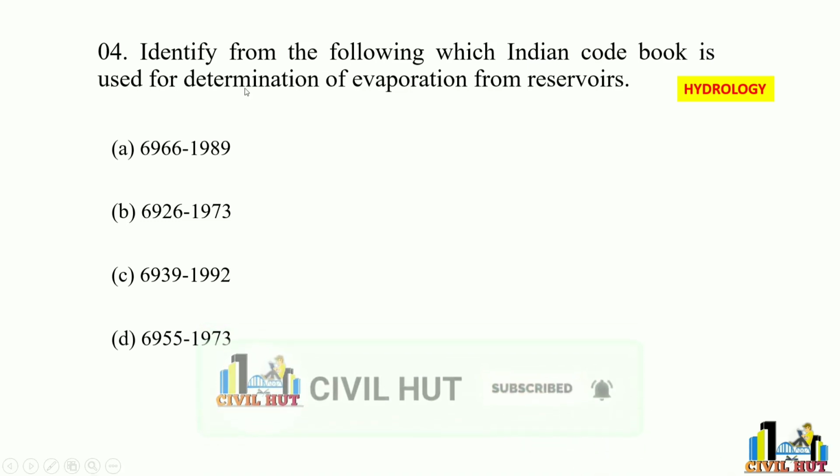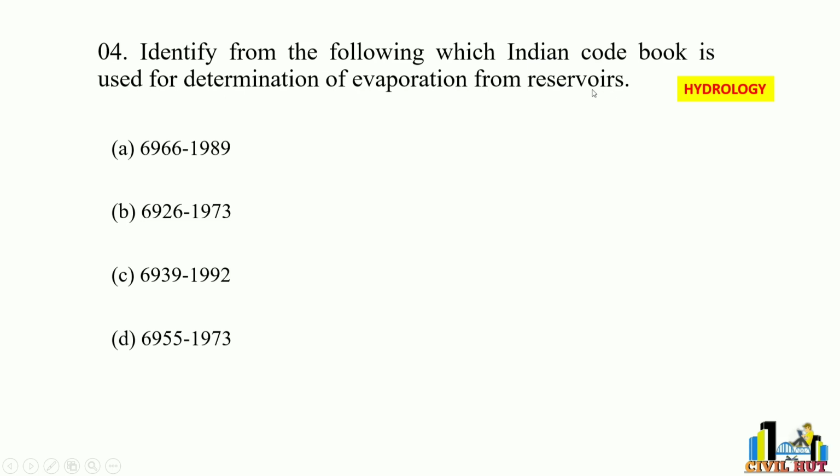For evaporation from reservoirs, the IS code is A. 6966 1989, B. 6926 1973, C. 6939 1992, D. 6955 1973. Our option is C, 6939 1992.